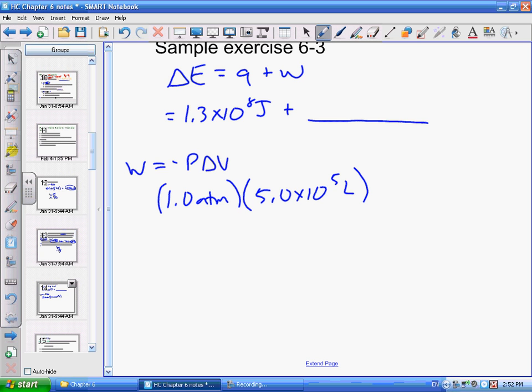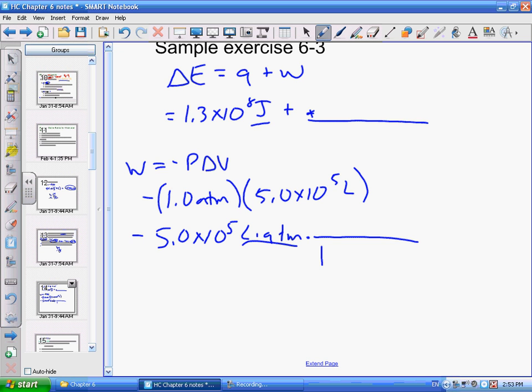So when I multiply these two together, I get negative 5.0 times 10 to the 5th liter atmospheres. Okay? But liter atmospheres doesn't match joules, or else I'd plug this number right in here. But since it doesn't match, I have to do something with that, and that is going to be a conversion.